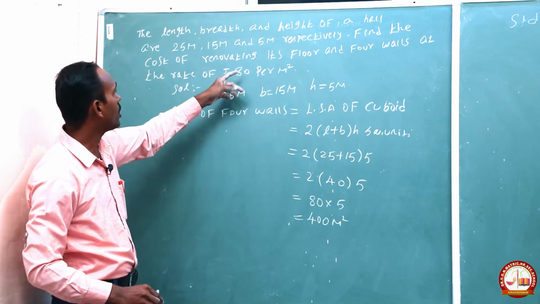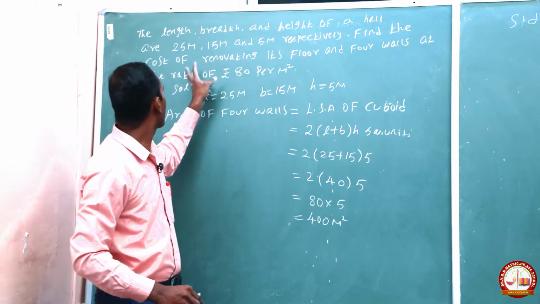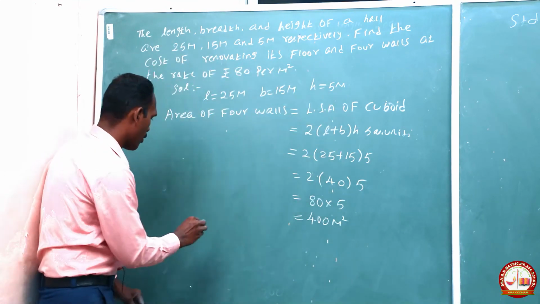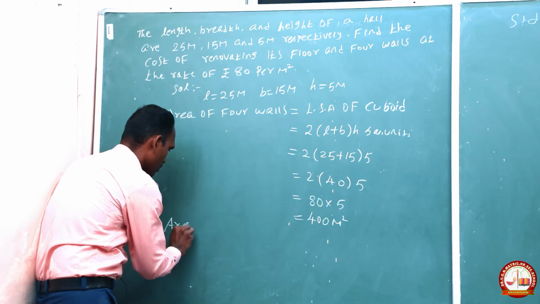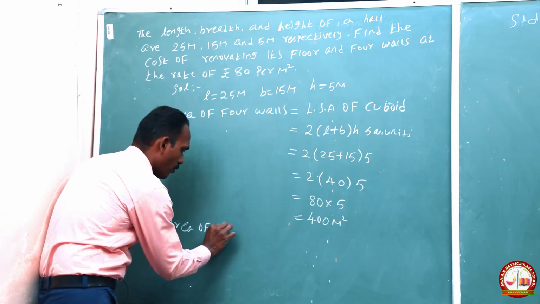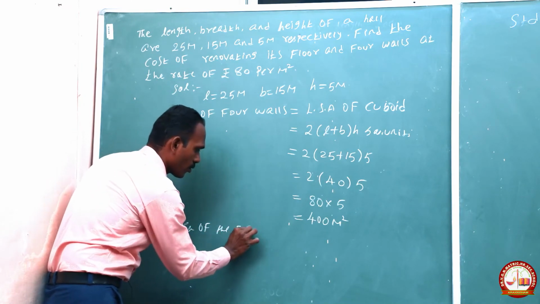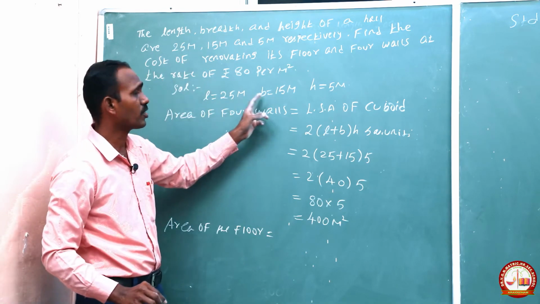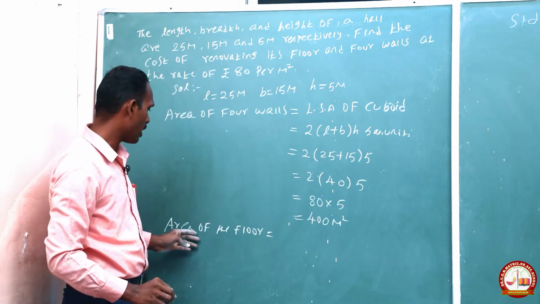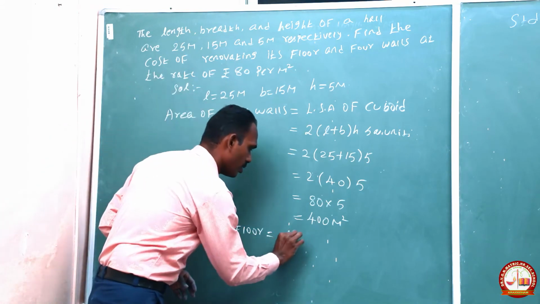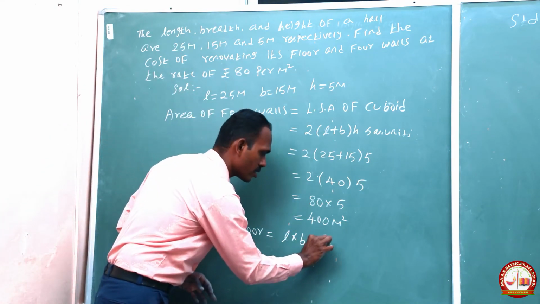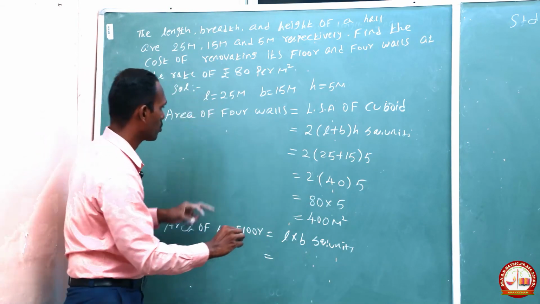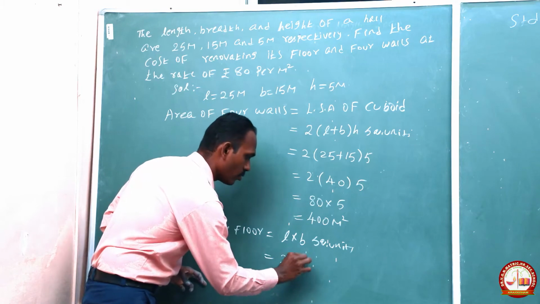And then next, what is asking? Cost of renovating its floor. Okay, so area of floor. You see here the length and breadth are different, so it is a rectangle. So area of the floor equal to length into breadth square units. What is the length here? Length is 25 into, what is breadth here?